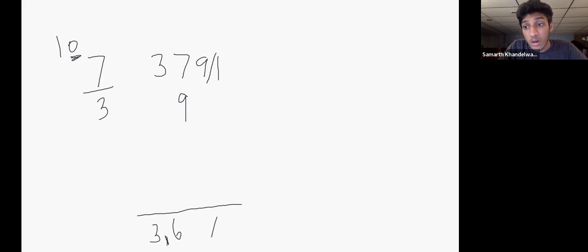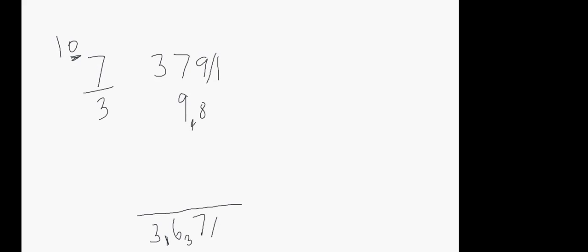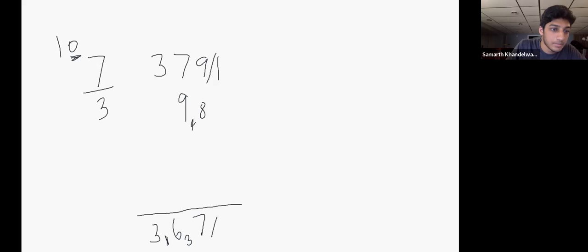So 48 is our number. And then you add it to this 9. Now 48 plus 9 is going to be 57. My bad. I'm off my rocker, guys, I'm sorry.